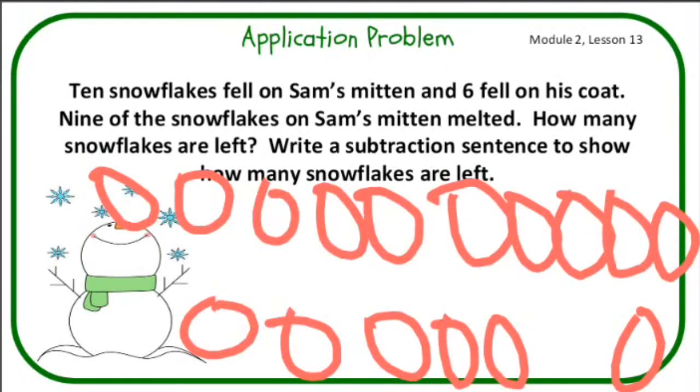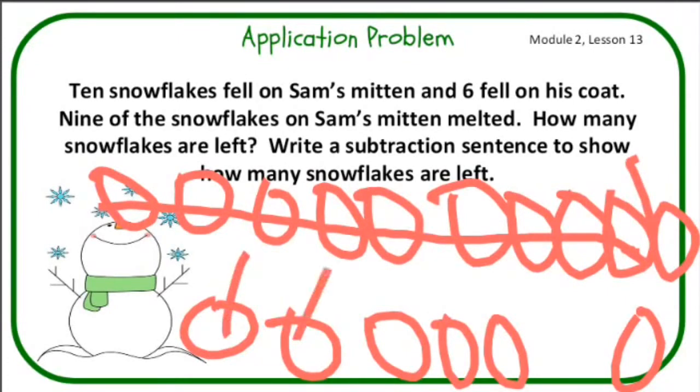Now 9 of the snowflakes on Sam's mitten melted. So I'm going to cross out how many? 9. Because 9 is going away. So let me cross out my 9. Yes, I just crossed out my 9.